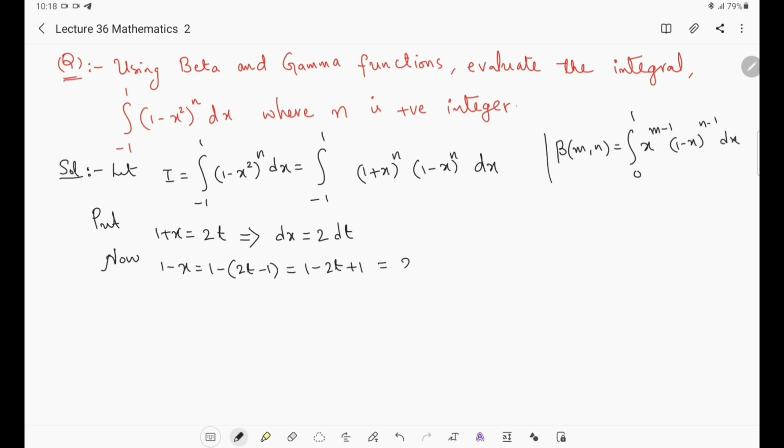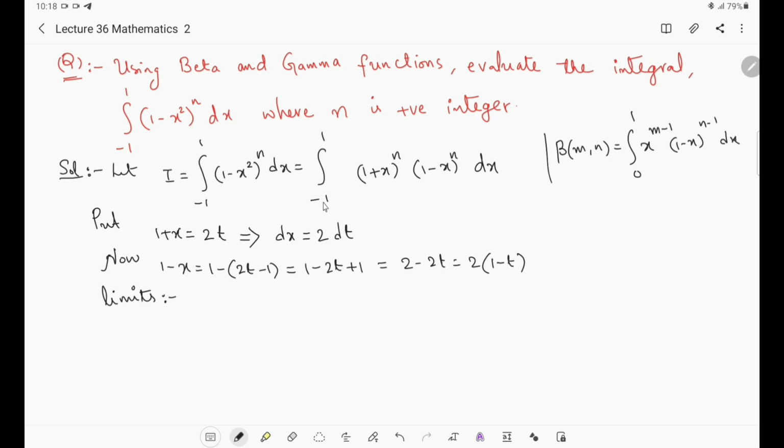So this is equal to 2 minus 2t, which is equal to 2 into 1 minus t. So 1 minus x can be replaced with 2 into (1 minus t), and 1 plus x should be replaced with 2t. Then what will happen with limits? We need to bother about limits also here.